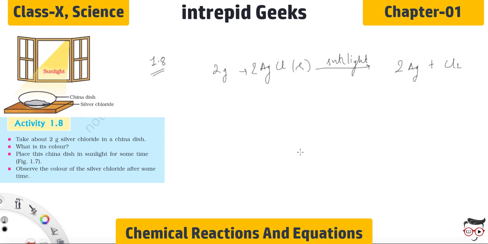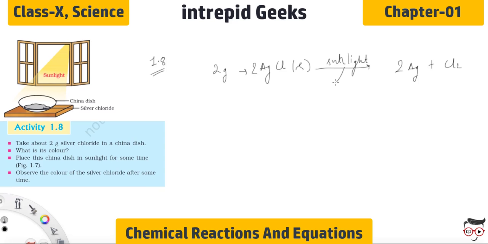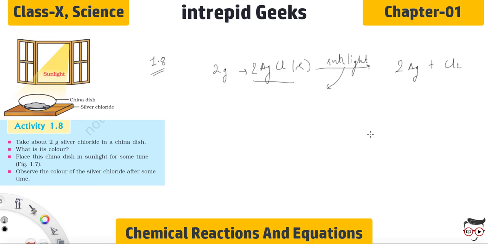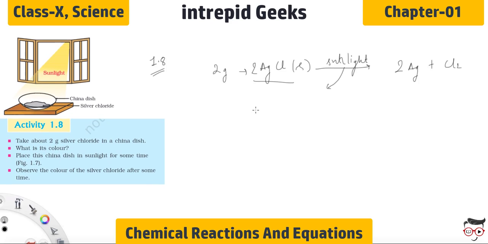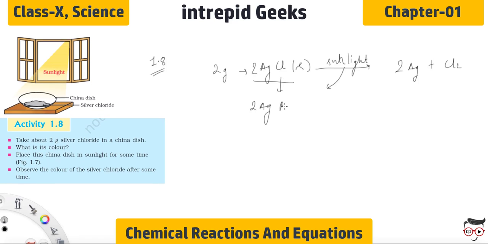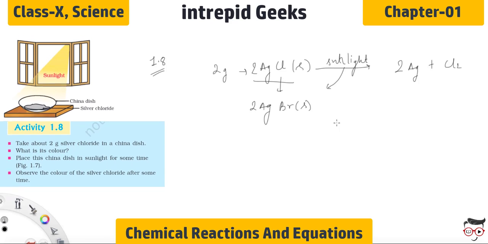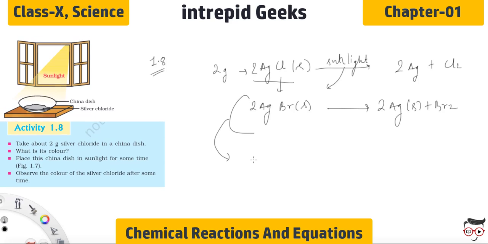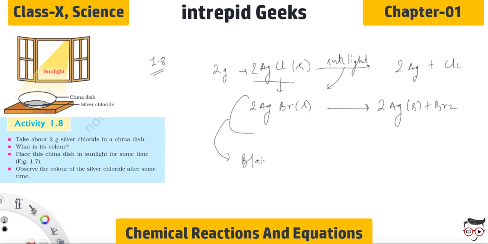This is due to the decomposition, and here sunlight is the source of energy which is used for decomposing silver chloride. Also, silver bromide behaves in the same way because chlorine and bromine are from the same halogen group. You know, this reaction is used in black and white photography.